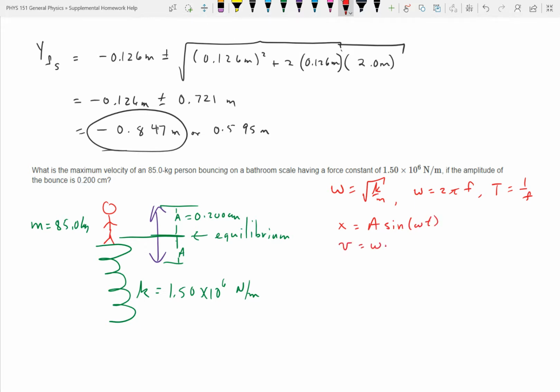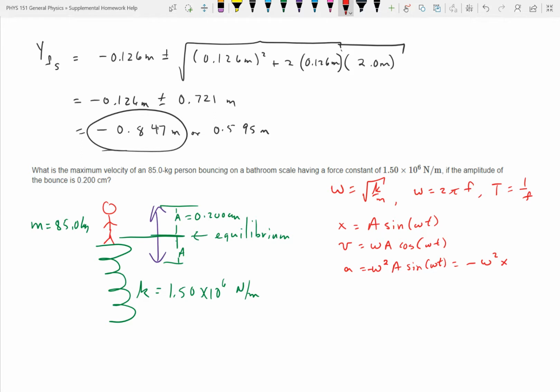V is equal to omega A cosine of omega t. Acceleration is equal to minus omega squared A sine of omega t, equals minus omega squared x.